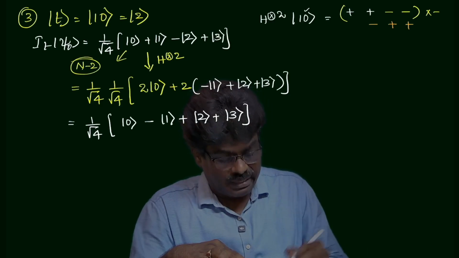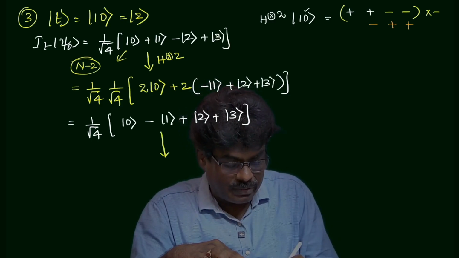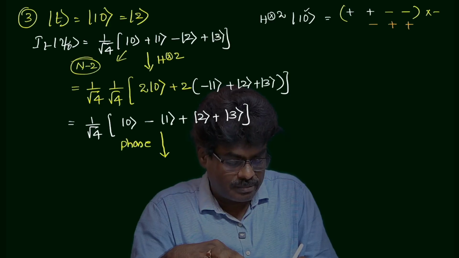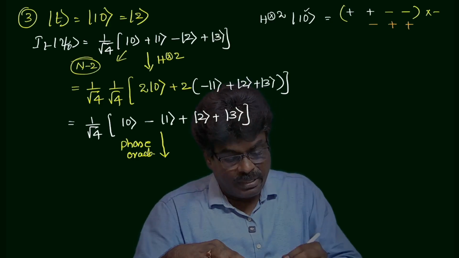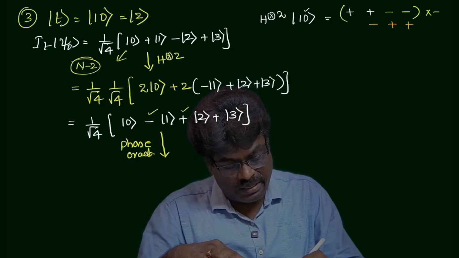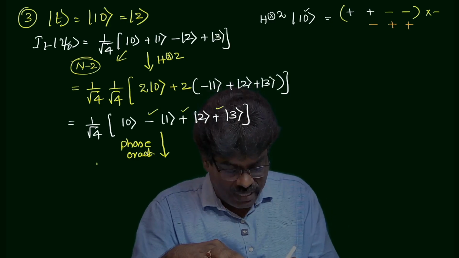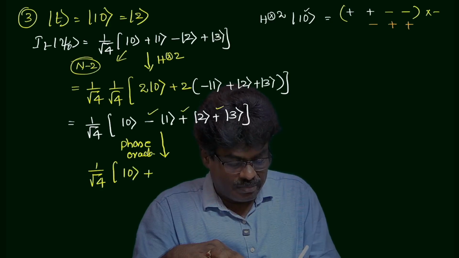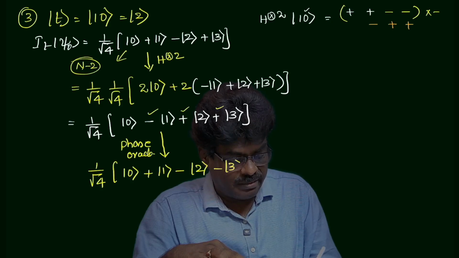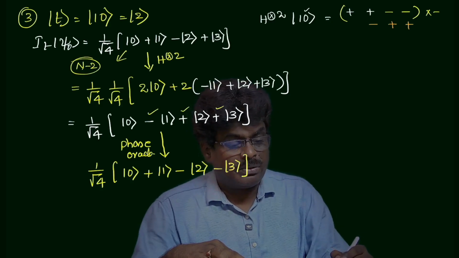And after that the phase oracle will change the phase here and here and here. Then it is 1 over root 4, 0, plus 1, minus 2, minus 3. No need to get tension.